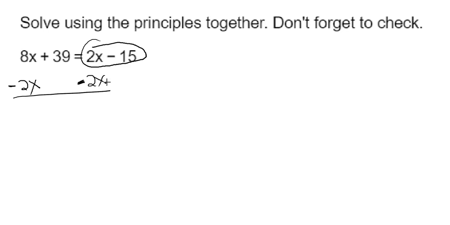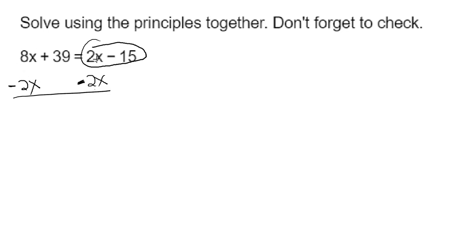And so it only affects the thing that it's like terms with. So the minus 15 doesn't get affected by this because 2x is not like terms with the 15. It's only like terms with the 2x. So that's why I write it just directly underneath the thing that it's going to affect. But I do want to point out I'm actually doing this operation to the entire left-hand side and the entire right-hand side. It only affects one term, however, when I do that.